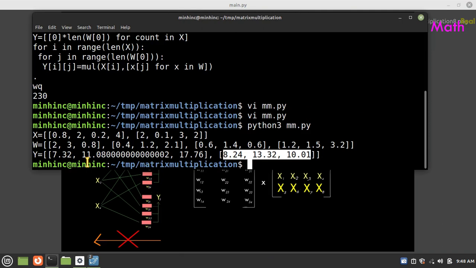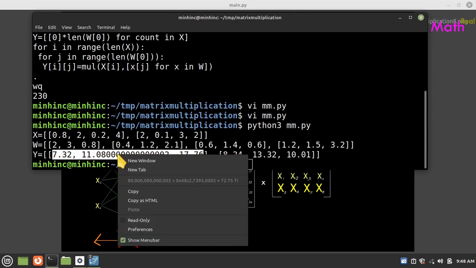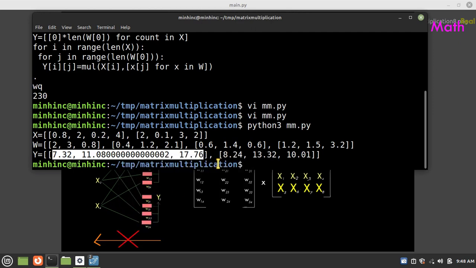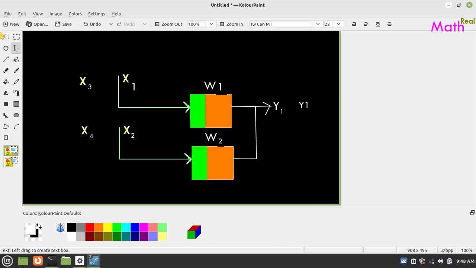First row is 7.32, 11.08 and 17.76. So we can copy paste there. Okay, so this is the output we are trying to get.